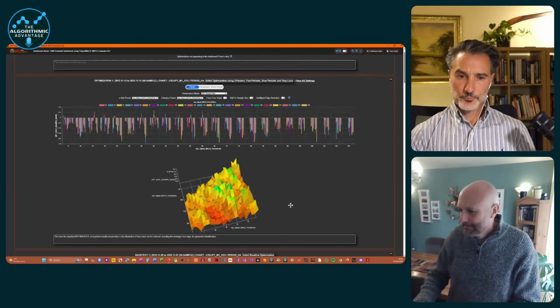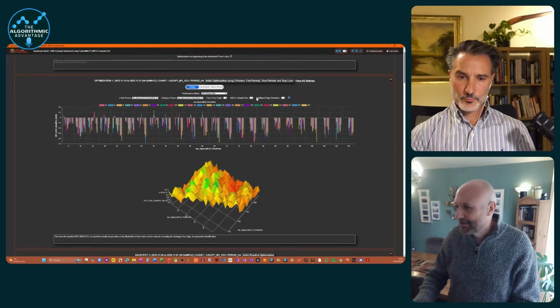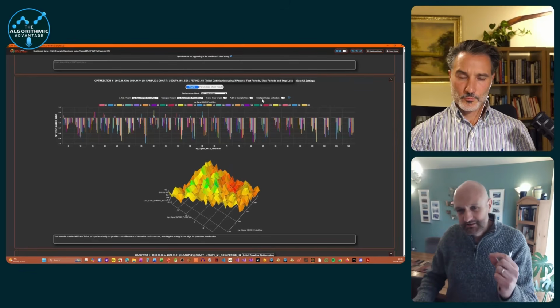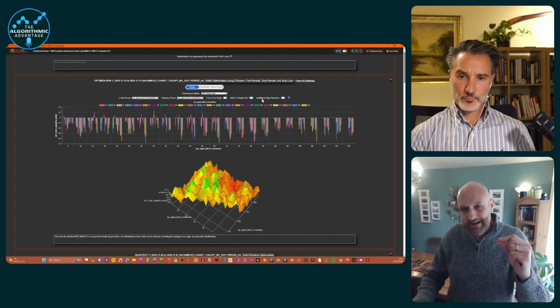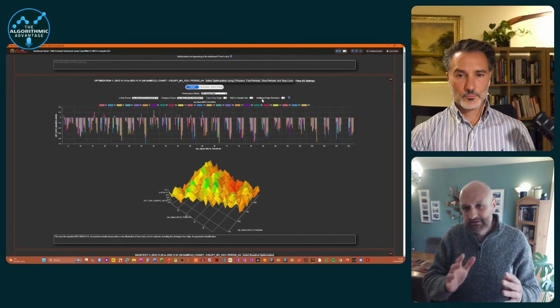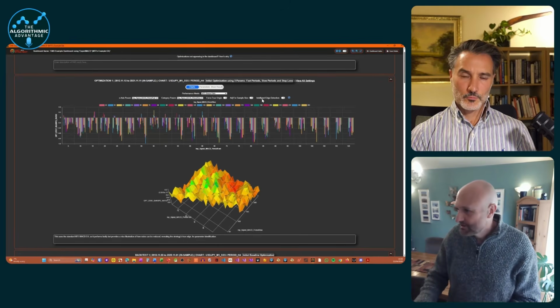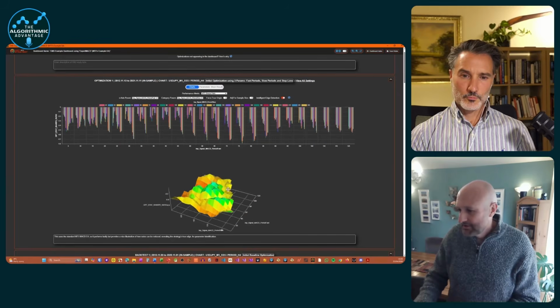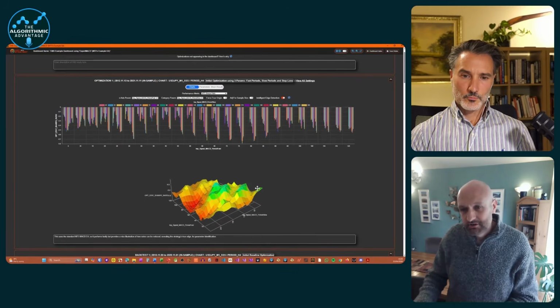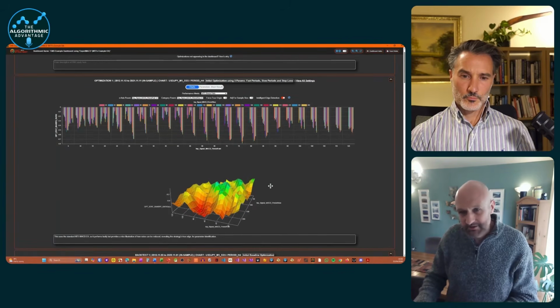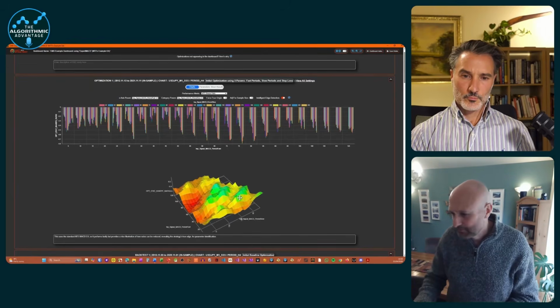But I have this technique which I call intelligent edge detection, and this is doing that process I just talked about. It's smoothing, and it's using that filtering to filter out the noise. So if I turn this on, you can see now you get a much clearer picture of what's actually going on behind the scenes. You've got a really bad area down here, and a number of peaks on this side that you just couldn't really see before.